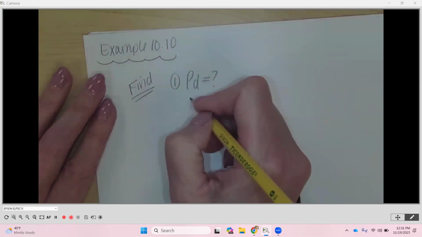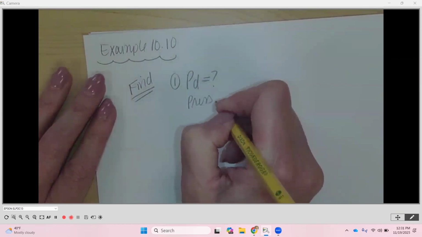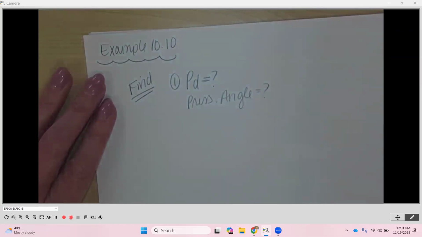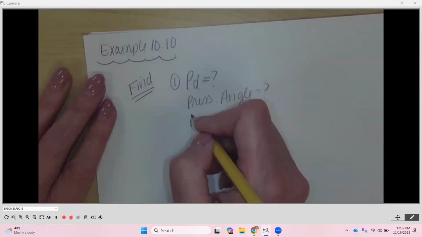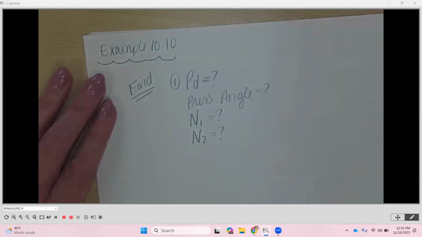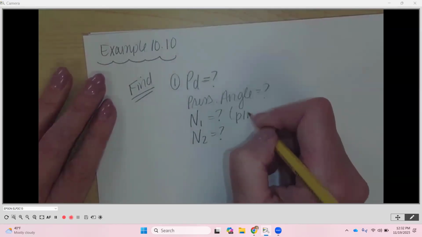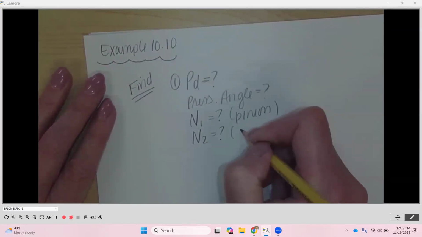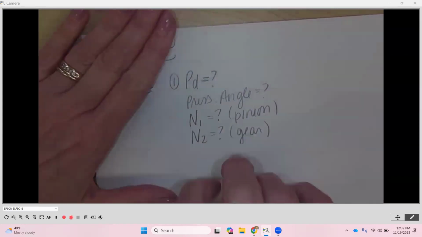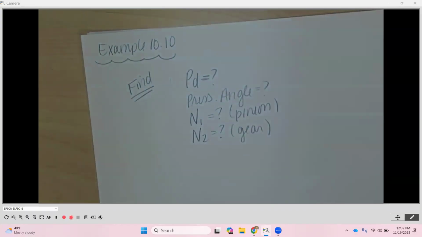We also need to find what is the pressure angle for each gear. And then we need the number of teeth on the pinion and the number of teeth on the gear. So this is pinion, number 1, and gear is going to be number 2, okay? So that we can then say, here are the 2 gears that we're going to need to go from 900 RPMs to 320.